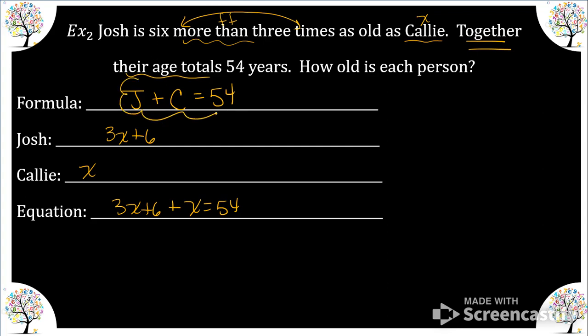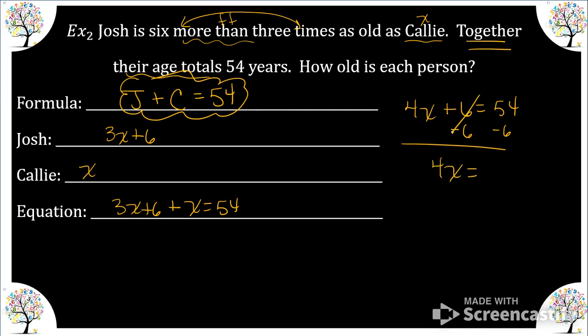This formula really helps make sure that I don't miss part of my equation. Let's combine our like terms. 3x plus 1x, which is 4x, plus 6 equals 54. Now let's isolate x to see how old Callie is. So we're going to undo plus 6 by subtracting 6. And we get 54 minus 6.